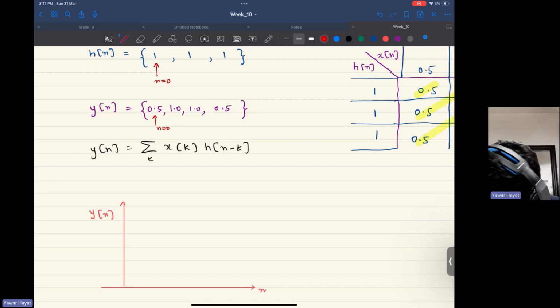At n equals 0, I have 0.5. At n equals 1, I have 1. Similarly, at n equals 2, I again have 1.